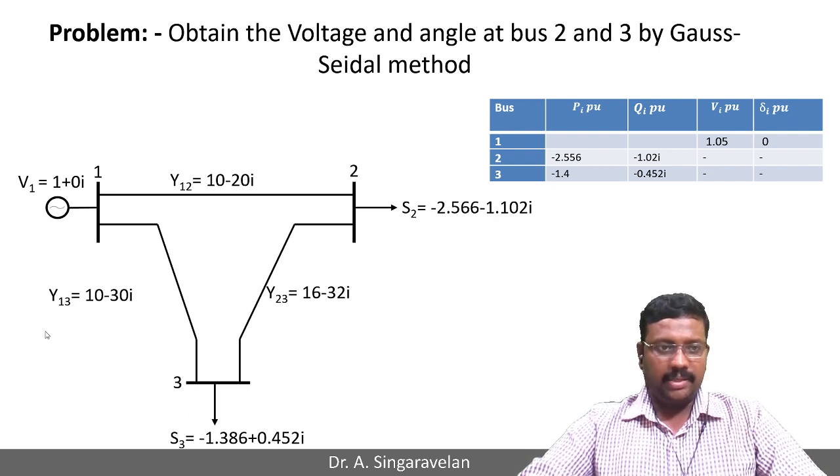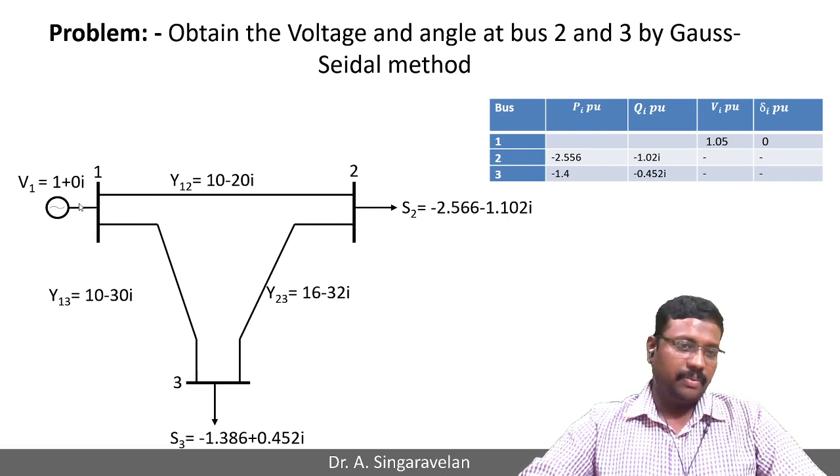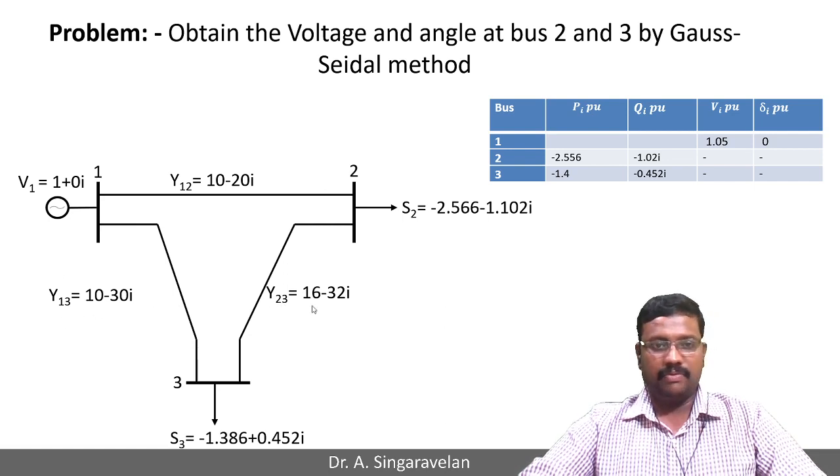So what data are given in this question? You can see that the line admittances between bus 1 and 2, between bus 2 and 3, and between bus 3 and 1 are given. So Y12, Y23 and Y13 are given, and then the real power and reactive power at bus 2 and bus 3 are given.